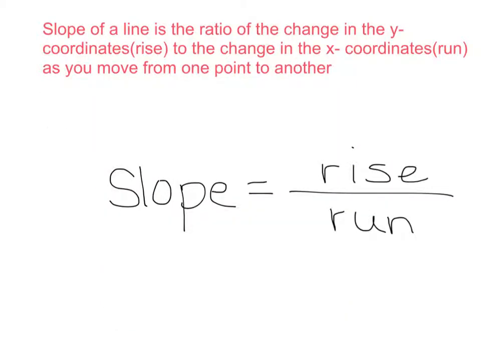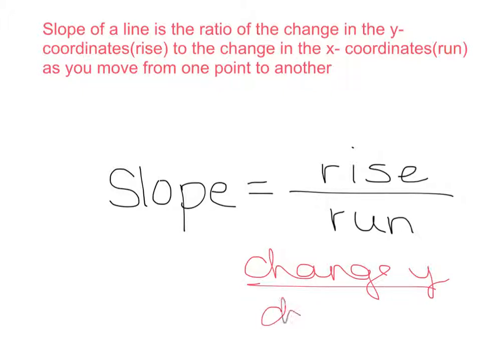The slope of a line is the ratio of the change in the y coordinates, the rise, to the change in the x coordinates, the run, as you move from one point to another along a line. So the formula for that is slope equals rise over run, or the change in y over the change in x.